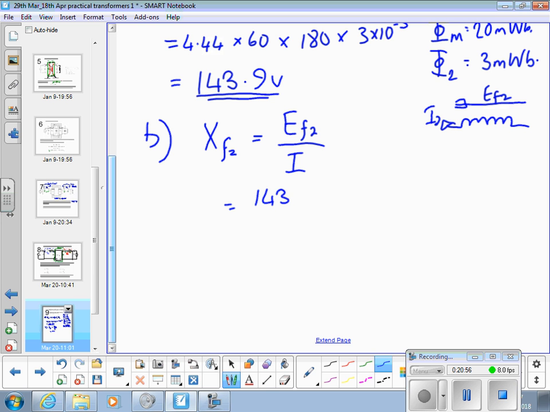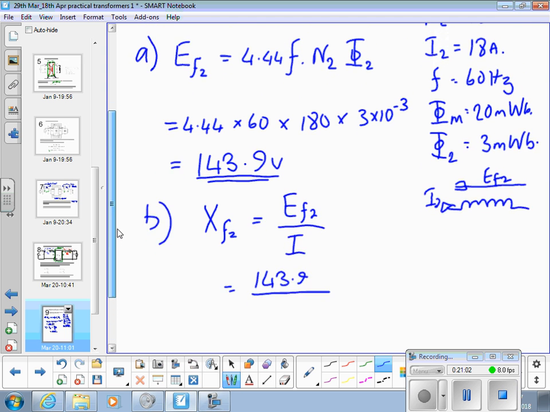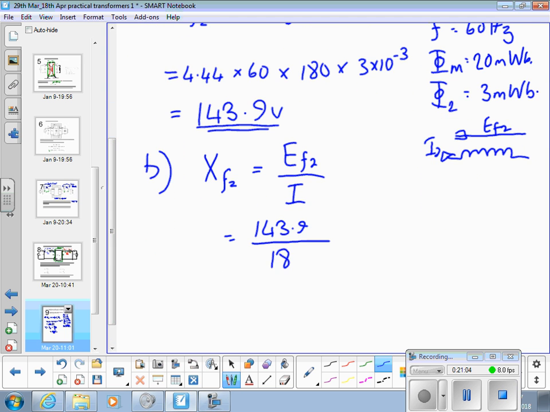It's 143.9 divided by the current which was given, and that was 18 amps. That's 7.99 ohms.